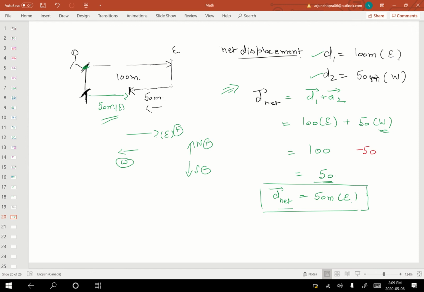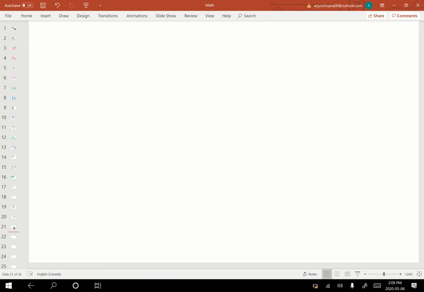Now we're going to talk about the next concept, that is the concept of velocity. So velocity. First of all, the formula for the velocity is d final minus d initial divided by time.